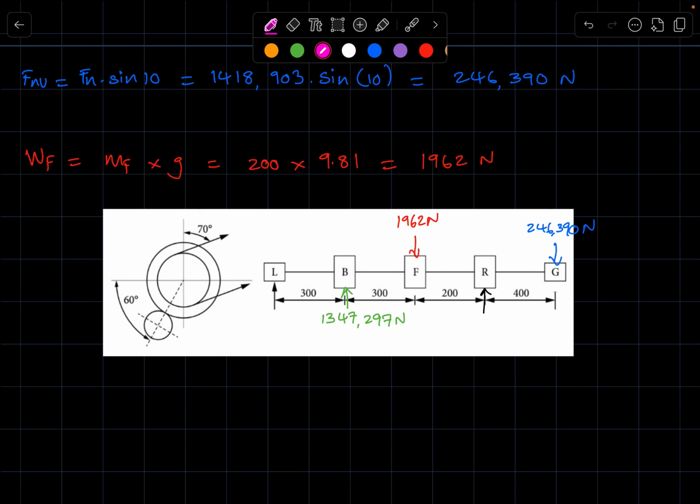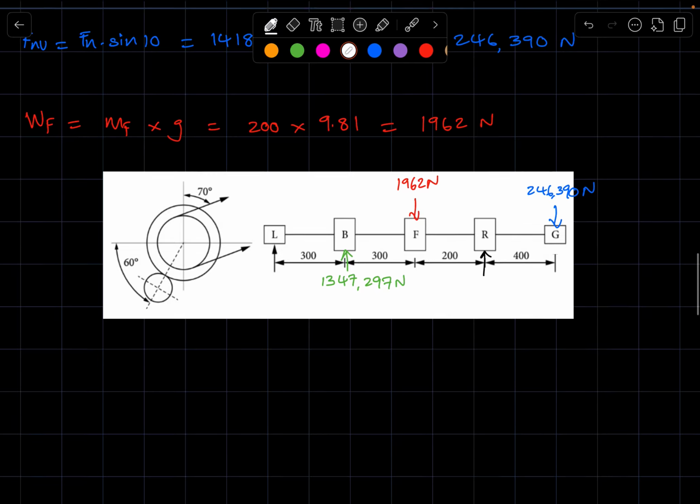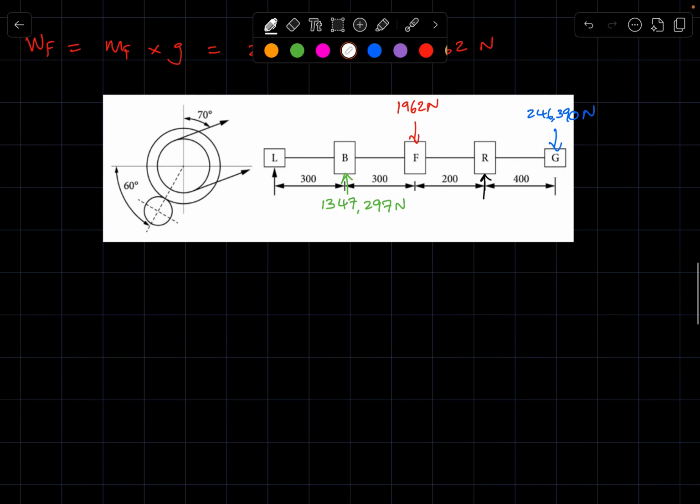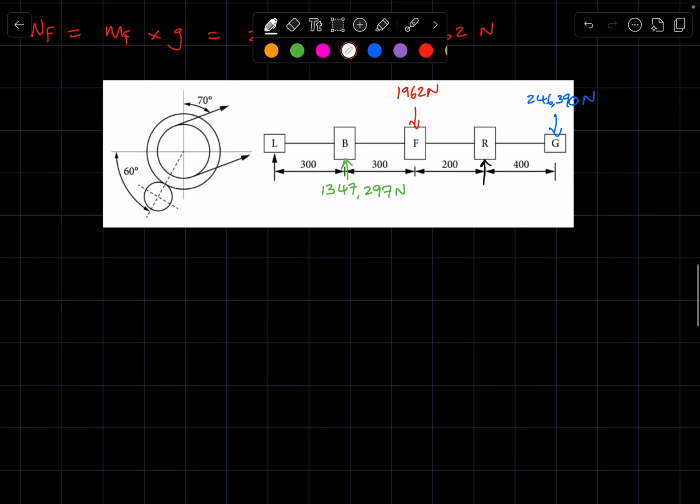In taking moments, we're going to take moments about the right hand bearing, so we can call it RV, V for vertical.